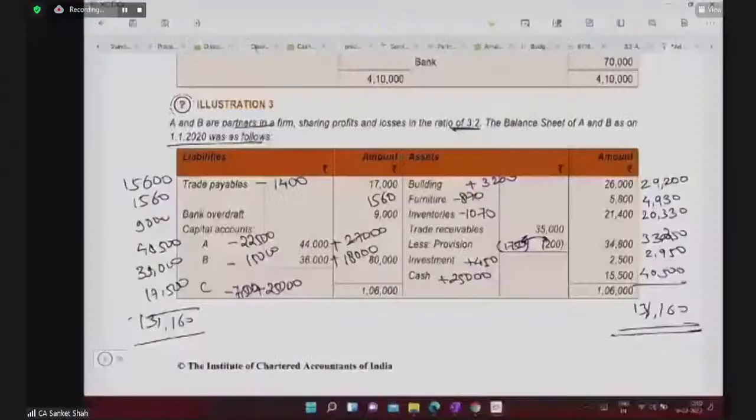You can write it on the question only. So just prepare the partner's capital account. मजा आया. 131,160 is the tallied figure.